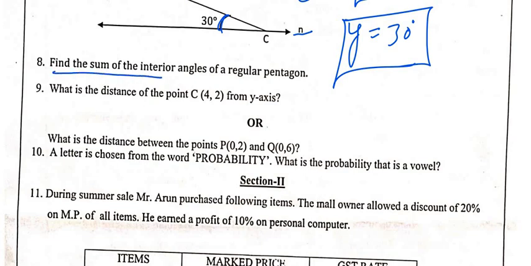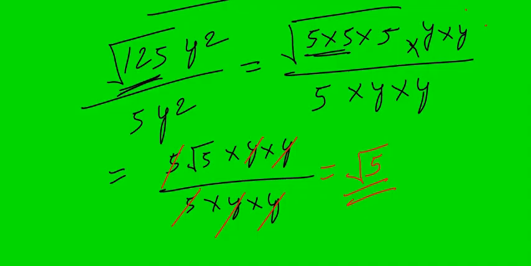The question is: find the sum of the interior angles of a regular pentagon. Basically we have a formula for a regular polygon, pentagon or anything.